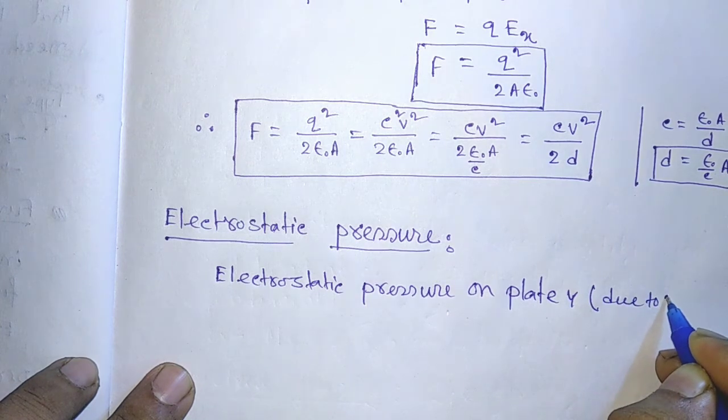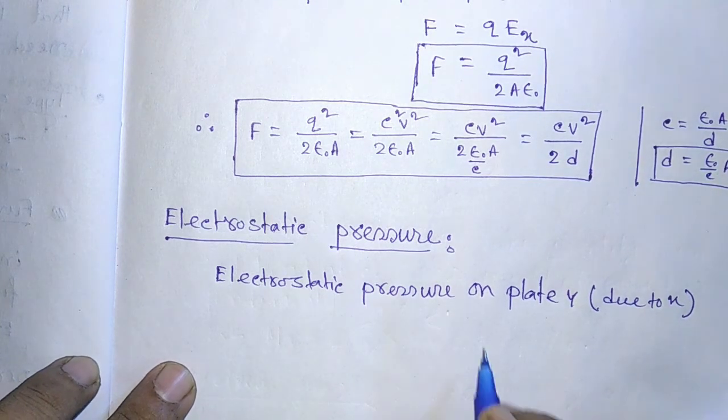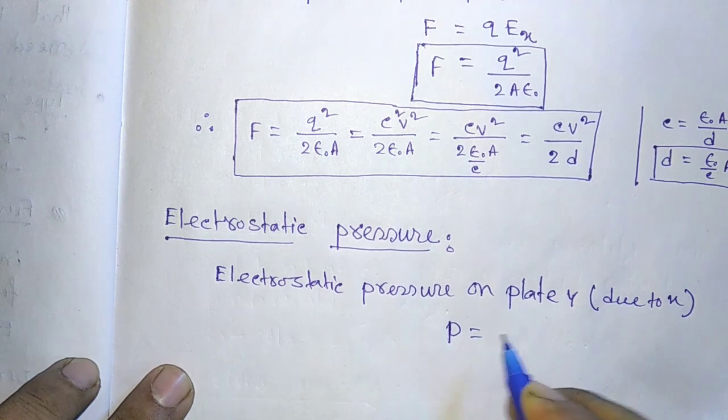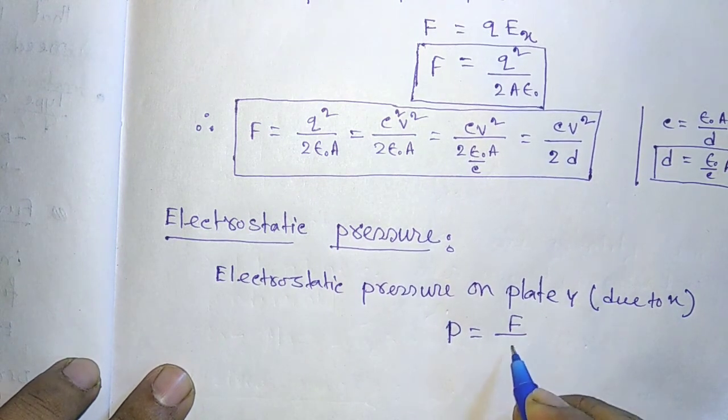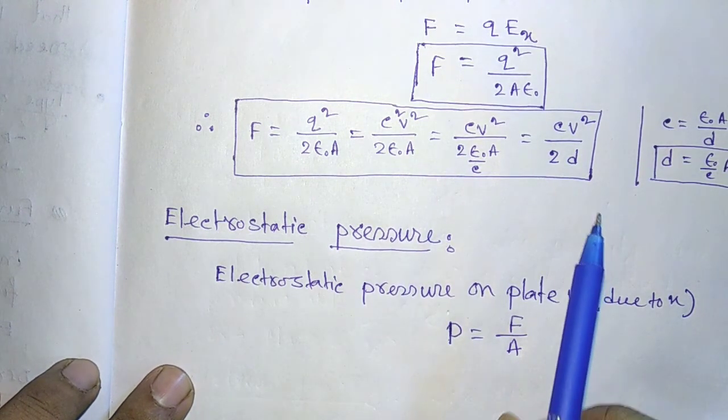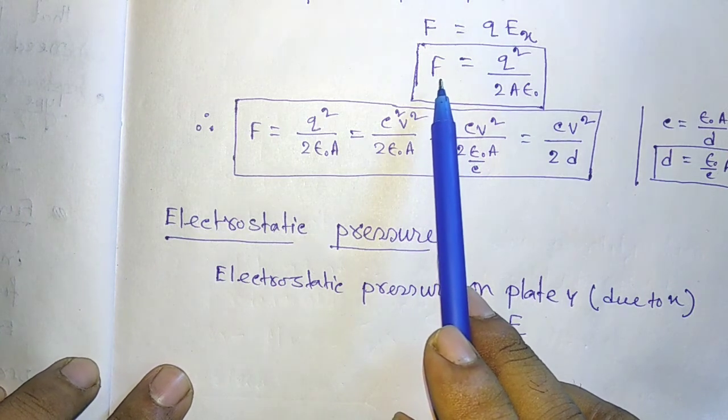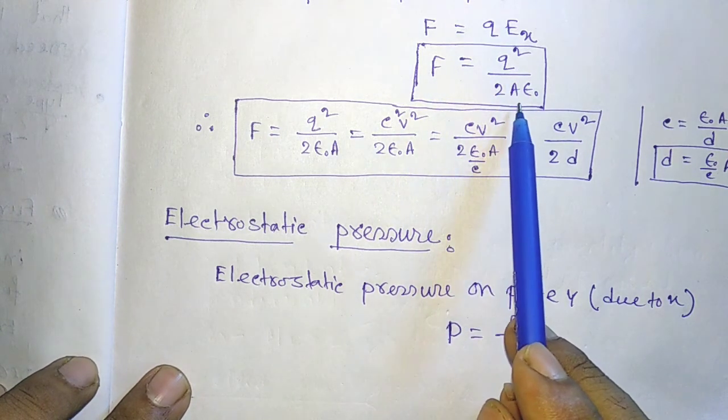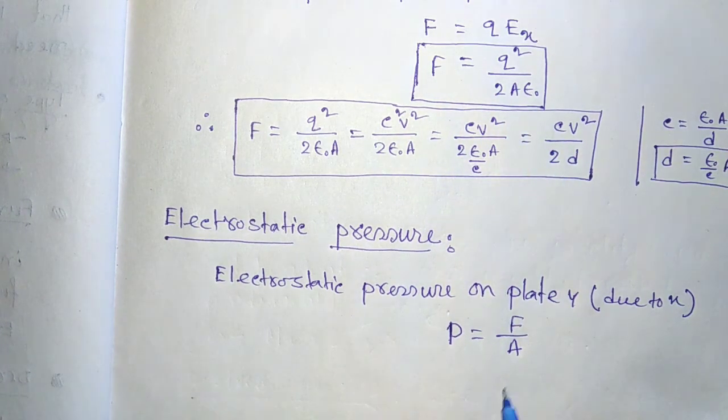According to that diagram, the electrostatic pressure on plate Y due to X is P equals force by area, and we found the force is F equals Q square by 2A epsilon naught.